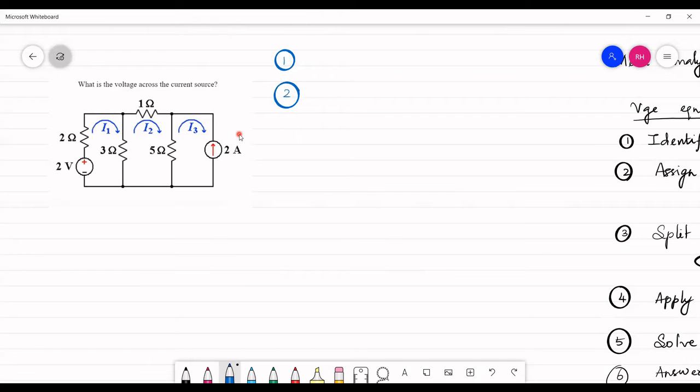The first type is where you have only voltage sources. And the second type is where you have a current source located at the periphery.